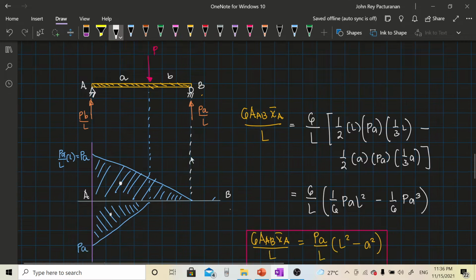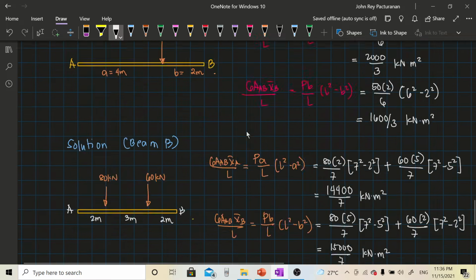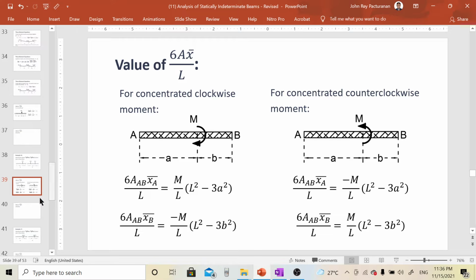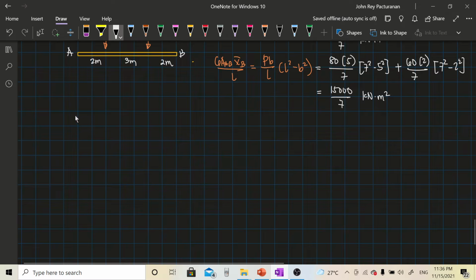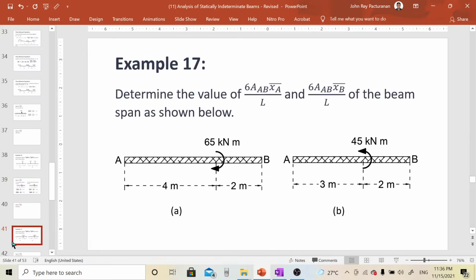You determine the reactions. Tapos, this is simply a formula and you will use the moment diagram by parts. Okay? So, I will use the formula directly na lang. Let me attach this into the OneNote.